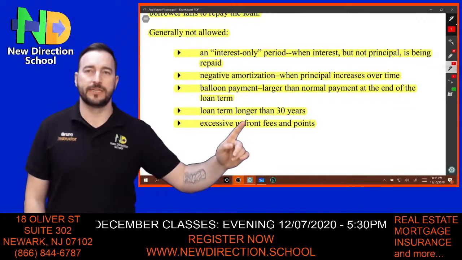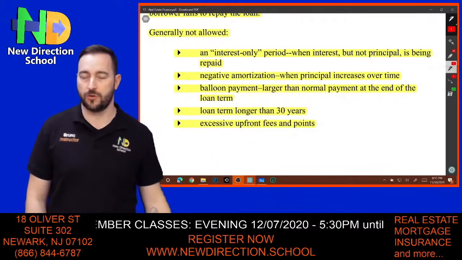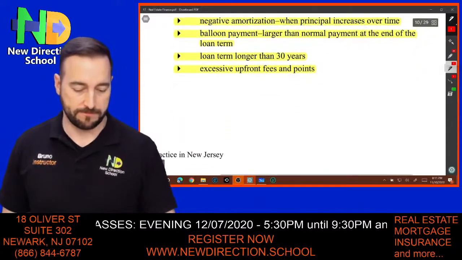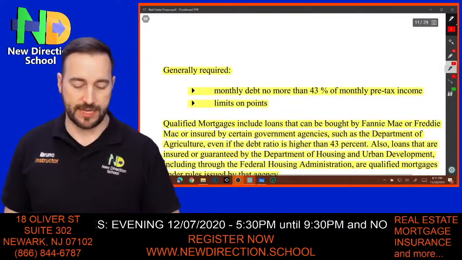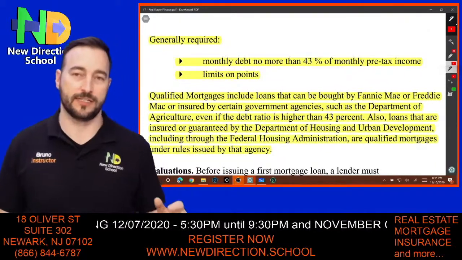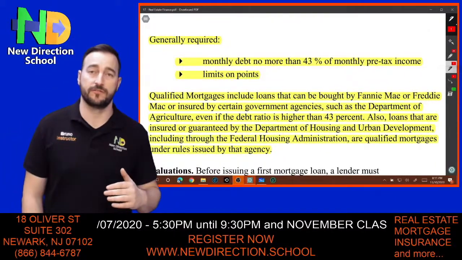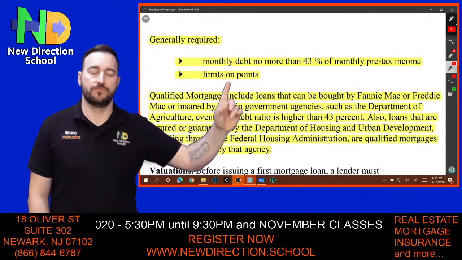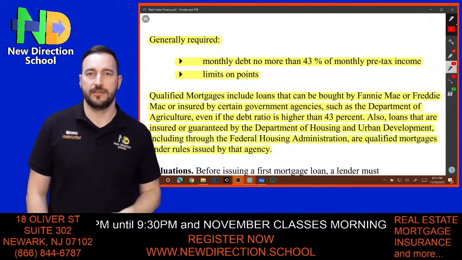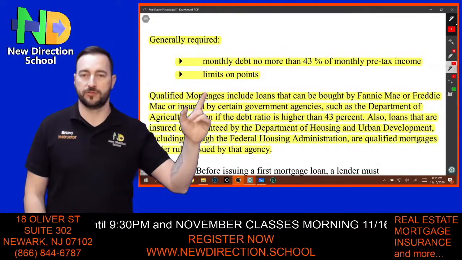And the loan term cannot be longer than 30 years, or charge excessive upfront fees and points. So a qualified mortgage does not allow you to go overboard. They're very safe, they're conservative. Generally, they require monthly debt no more than 43% of monthly pre-tax income, and there are limits on points.